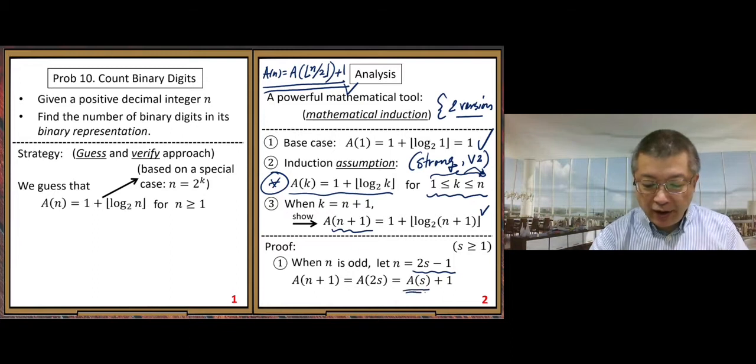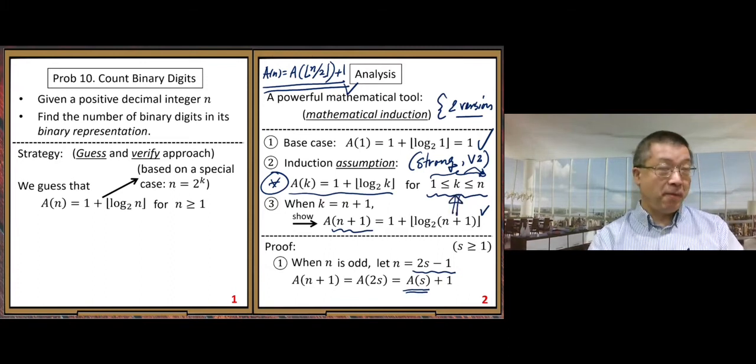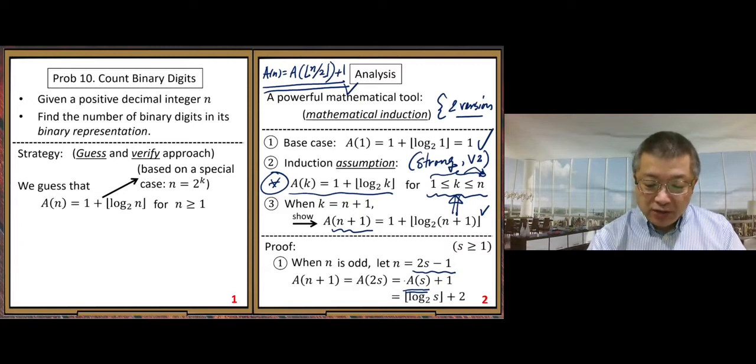Now, when you calculate a of s, can we use the induction assumption? This is the first time we use the induction assumption. Yes, we can, because s is in that range. By the induction assumption, a of s equals floor of log base 2 of s plus 1, and plus another one, so we have plus 2.